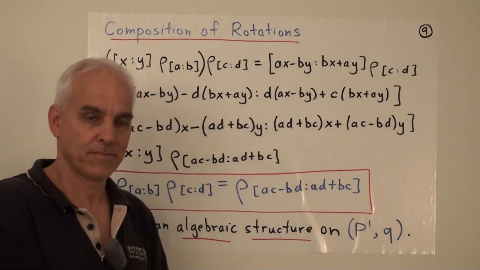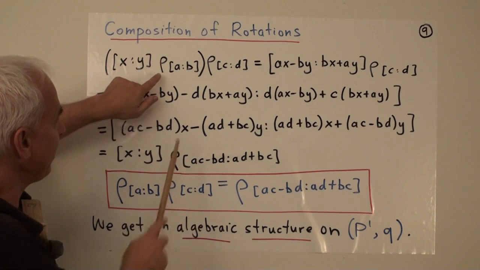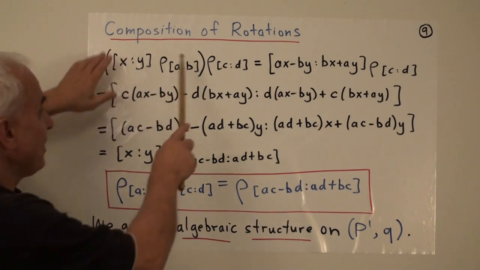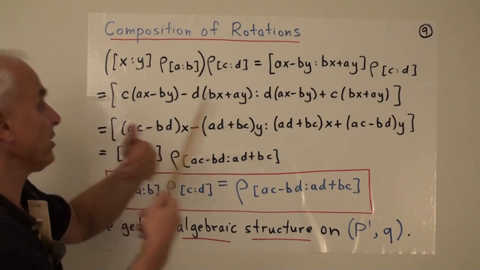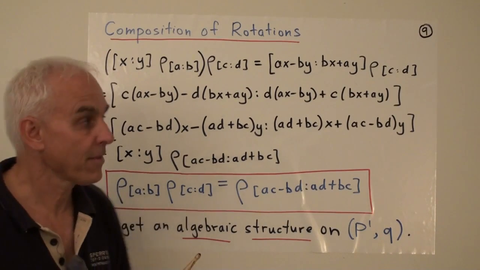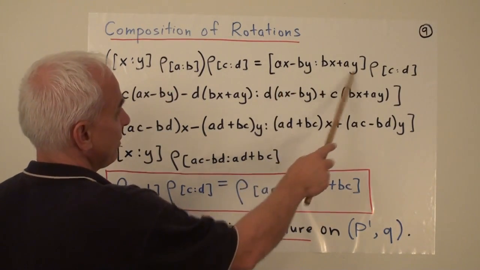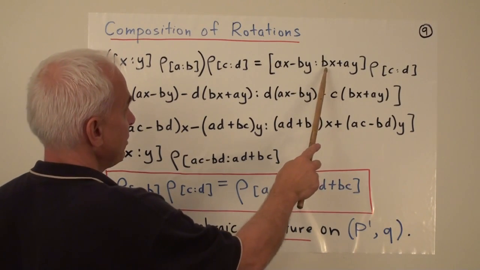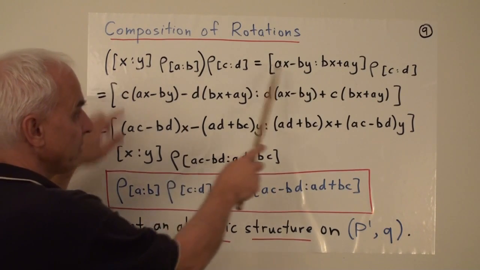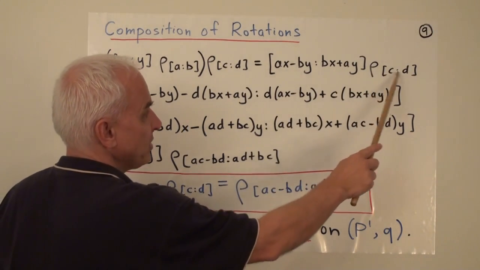So if we start with the projective 1 point, x to y, and we multiply by the rotation rho a to b, and then take that projective 1 point and multiply by another rotation, say rho c to d, then we can evaluate that because the first thing is ax minus by to bx plus ay. That's how we define this product here. And we still have to then multiply this by rho c to d.